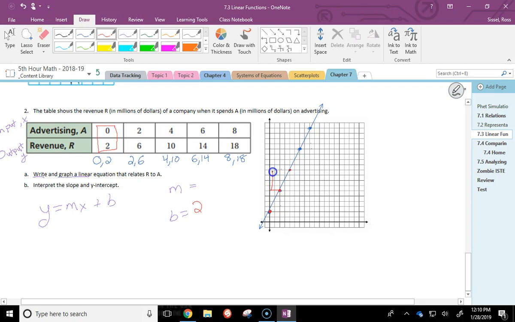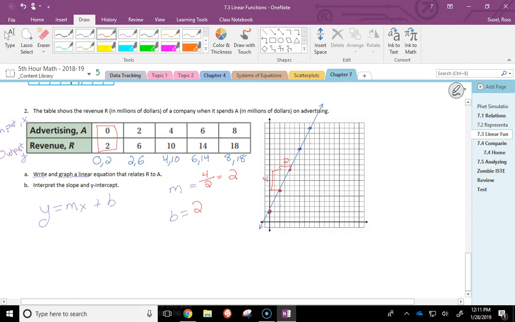How many do I go up? 4, we go up 4. So my rise is 4. How many do we go over? 2. Can 4 over 2 be simplified? To what? 2 over 1, or just 2. So now we've said our slope is 2.